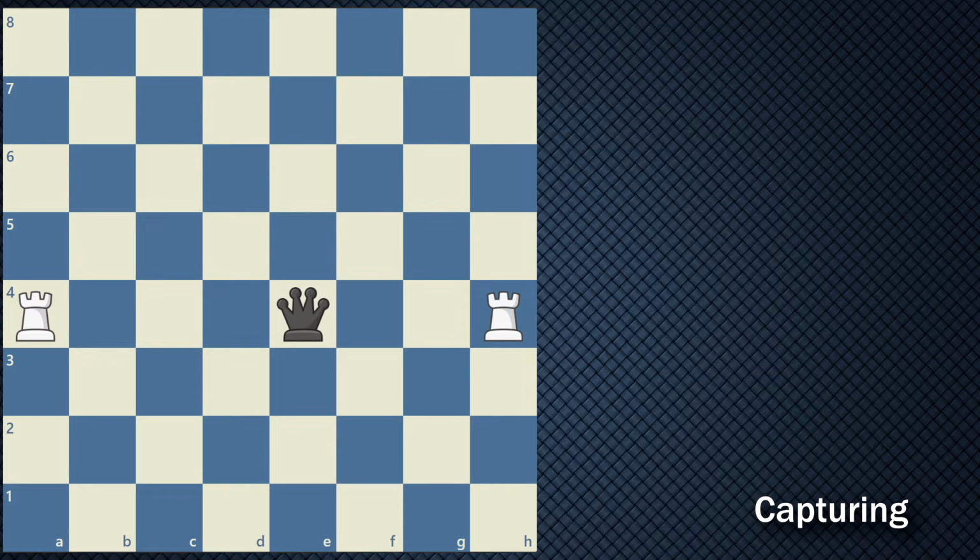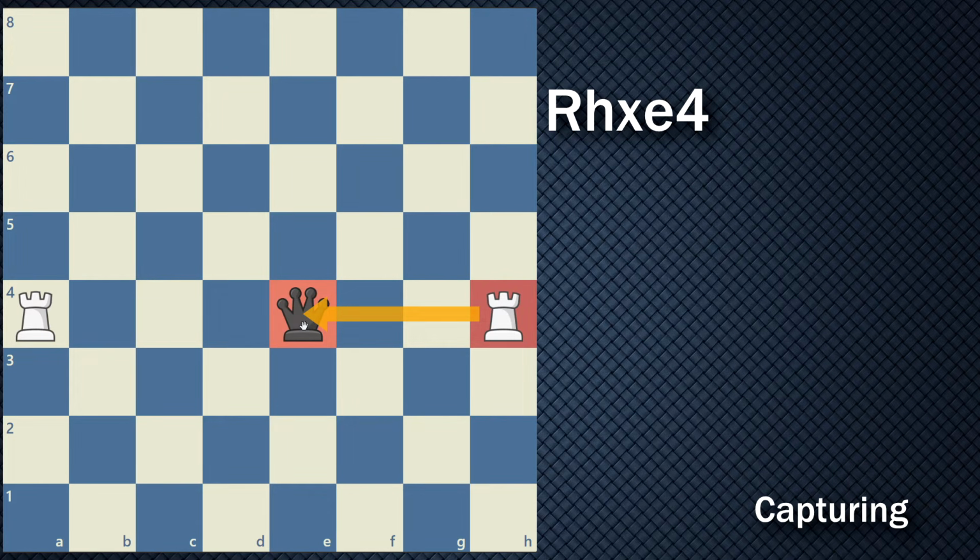That's how you would depict pawn captures in algebraic chess notation. Here's a quick example if you see two pieces on the same rank or in the same file trying to capture the same piece. If I just say rook captures e4, we don't know which rook it's going to be. So for this example, I'm going to say capital R, lowercase h, lowercase x, and then the square e4. I'm basically saying the rook on h is going to capture the queen on e4.